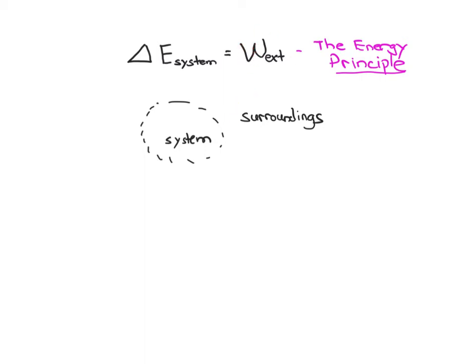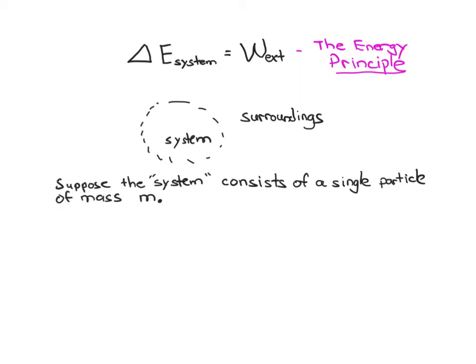And Wolfson calls this quantity on the right-hand side W sub ext for the external work done by the surroundings on the system. And suppose our system, let's take a simple case, which is how Wolfson starts off in chapter 6, consists just of a single particle of mass m.